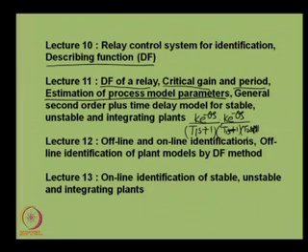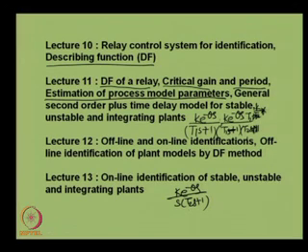limit the value of T2 to infinity, T2 tends to infinity such that k upon T2 tends to some finite value. In that case, we get a transfer function model that can be shown as k e to the power minus theta s upon s times T1 s plus 1, that gives us a transfer function model for an integrating second order plant.